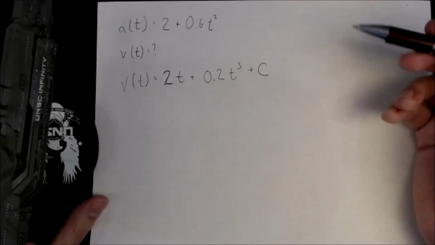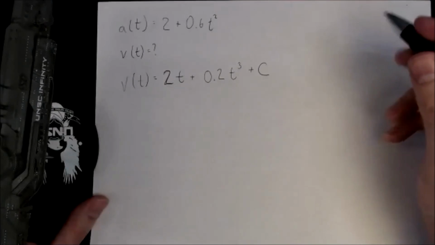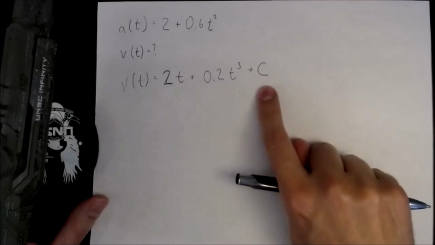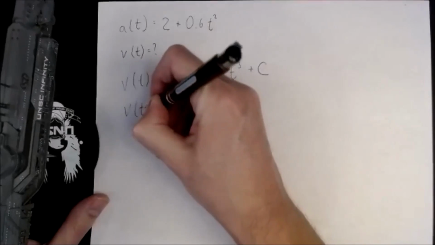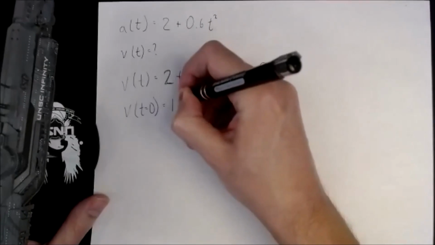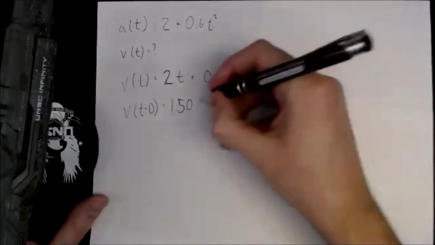Well, I ask you to find the function of velocity as a function of time. That's most of it right there. But I do give you one more hint. I say that the velocity at time equal to 0 is 150 meters per second.